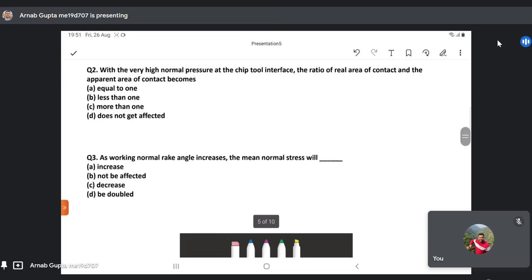With very high normal pressure at the chip tool interface, the ratio of the real area of contact and the apparent area of contact becomes equal to 1, less than 1, more than 1, or does not get affected. So as we already discussed, this was the initial case when the value of the normal force is less. You are having a very low real contact area, and this is the apparent contact area total.